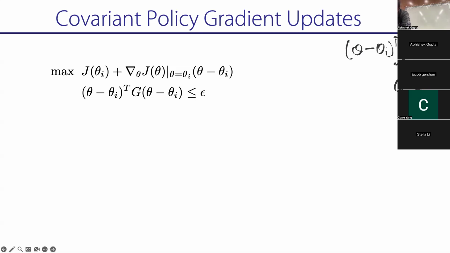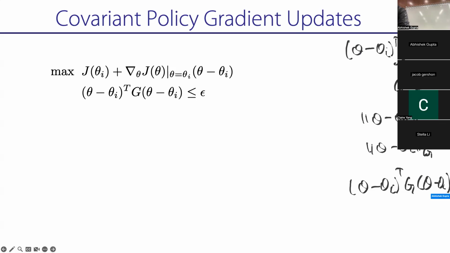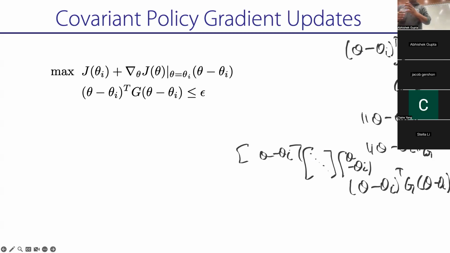So you can think of your Euclidean norm as something like this, and your G norm as theta minus theta i multiplied by some G. An easy way to think about it is that you have some G matrix in your theta minus theta i dimensions, and let's say it was diagonal, so it weights different dimensions by different amounts. So you can think of G as changing the geometry of your problem because it's reweighting different dimensions by different amounts.